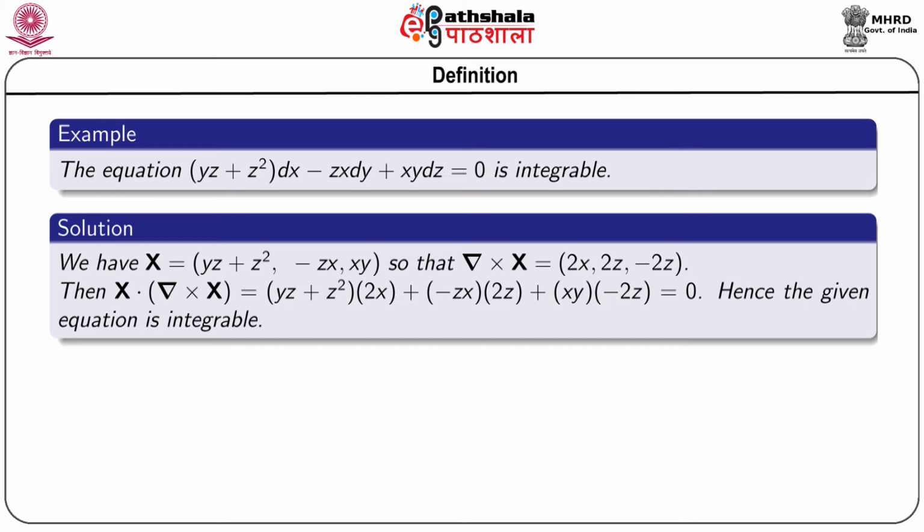Hence, the condition X dot curl X equals 0 is satisfied. So, using the necessary and sufficient condition of the previous theorem, we can say that the given differential equation is integrable.